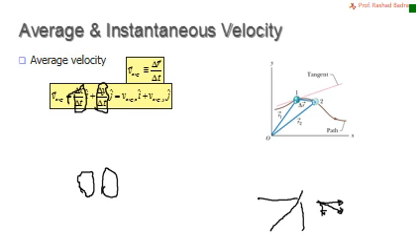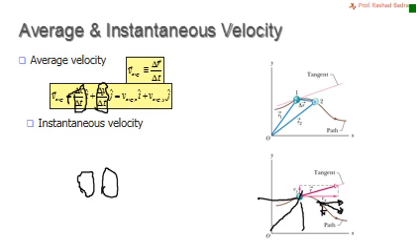The first one is delta x over delta t, that is the average velocity along the x-axis, and delta y over delta t, that is the average velocity along the y-axis.